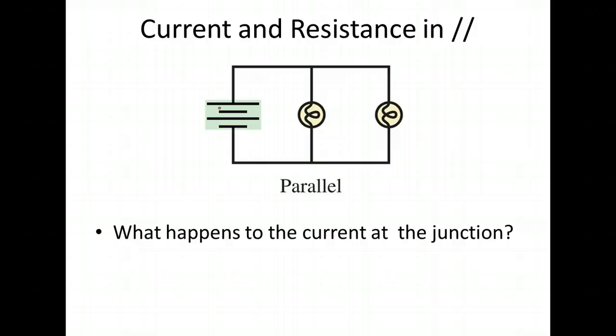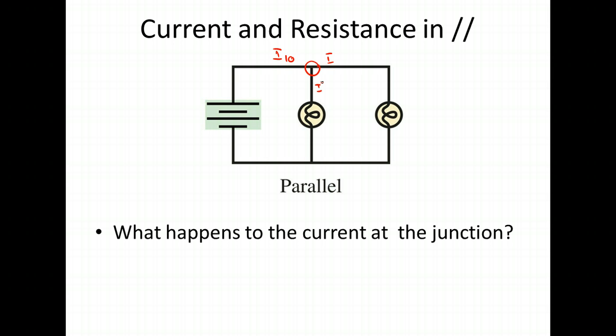However, if I have parallel, what happens to the current I here at this junction? It splits, right? If I've got a current of 10 amps, what is the current here and here?